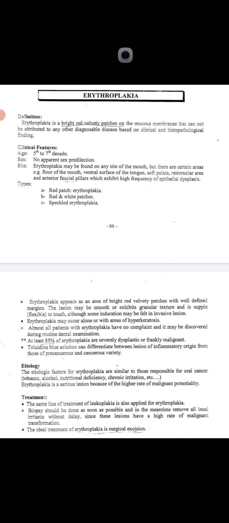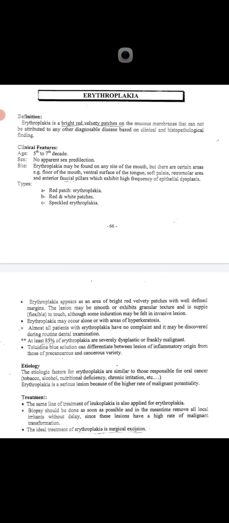In the diagram, on the right side there is a granular texture, but on the left side there is a smooth texture. The texture is supple, meaning flexible to touch, although some induration may be felt in invasive lesions. When the lesion becomes invasive, there is induration, meaning hard areas, but usually it is flexible.